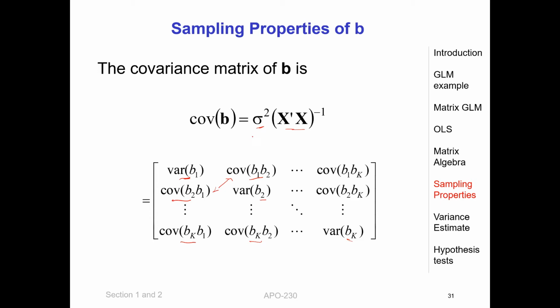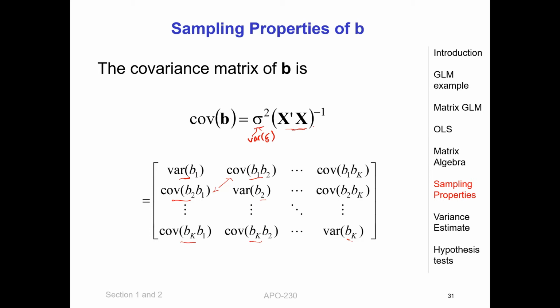Let's go back here. What's the sigma square? The sigma square so far we denoted is the variance of the error terms, right? So the variance of epsilon, constant for all epsilon, right? And times the whole matrix X prime X inverse.